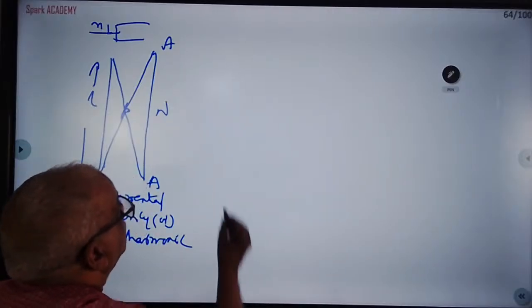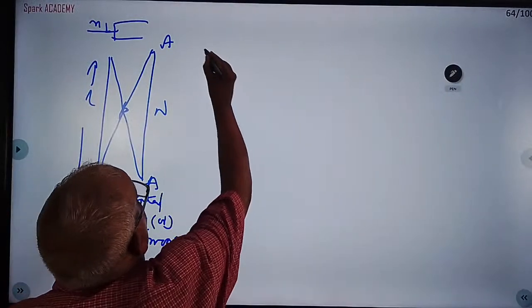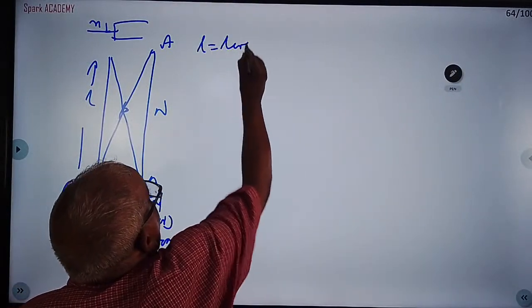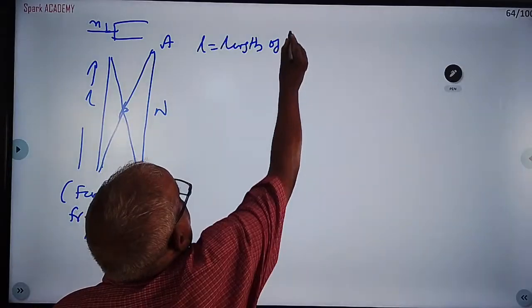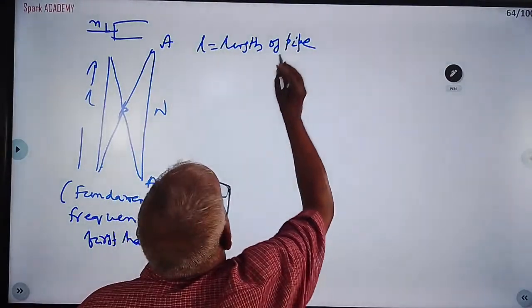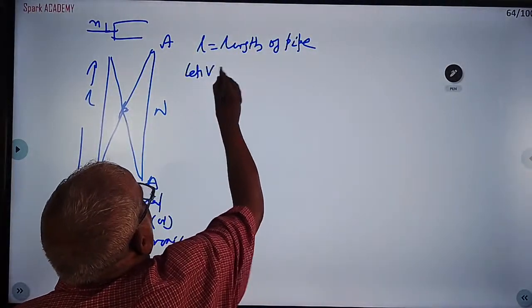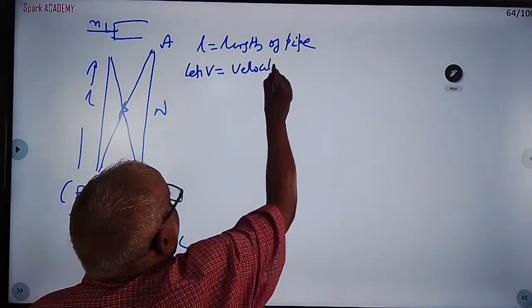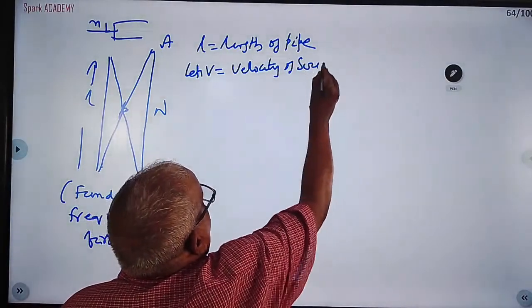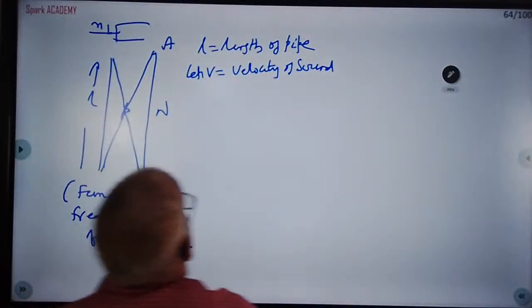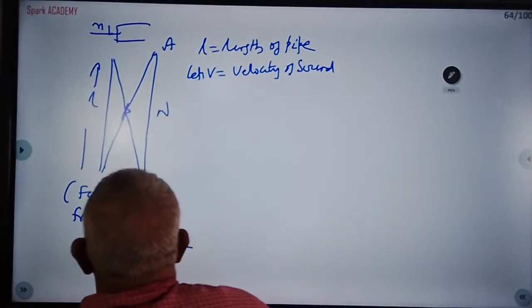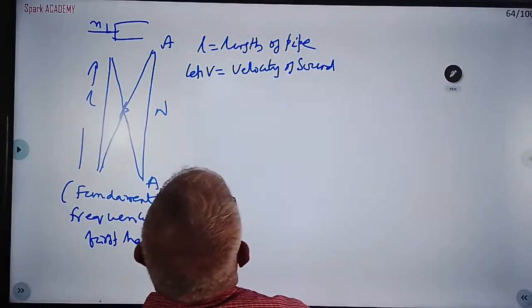I'll draw the second diagram later. First, I'll work out the fundamental frequency. Don't write a general formula, this is better. L is the length of the pipe. Let V be the velocity of sound, V equals frequency times lambda.